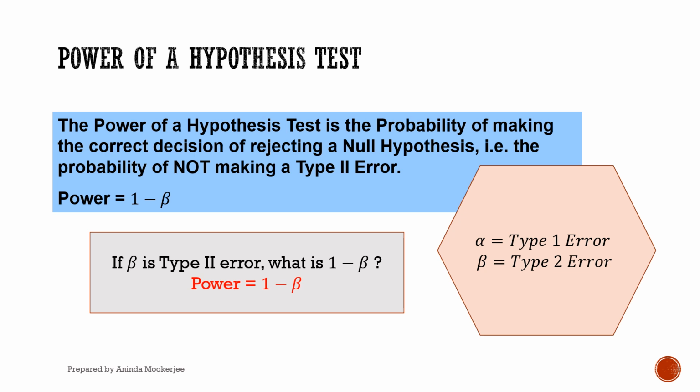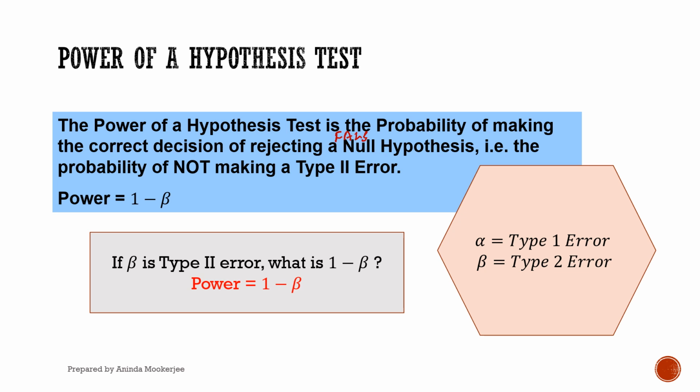Now, the power of a hypothesis test is the probability of making the correct decision of rejecting a false null hypothesis. Now, that word is missing here, so I'm going to write that. It is the correct decision of rejecting a false null hypothesis.